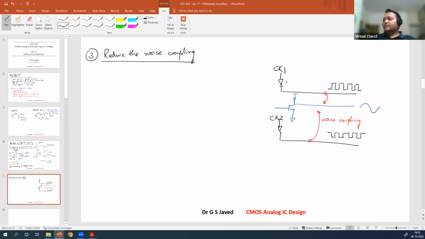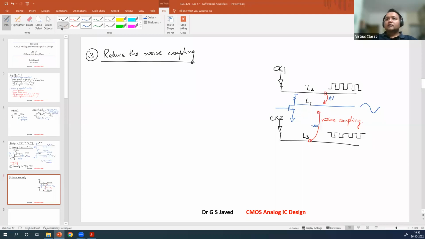So how is that? Suppose you have, this is line L1, this is line L2, this is line L3, this is line L1. Now that they are going in opposite direction, this noise coupling will be delta V, and this noise coupling will be minus delta V, and they will cancel on L1 and you will get the output.